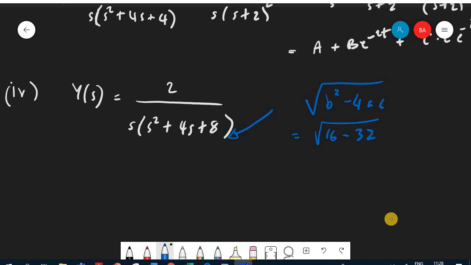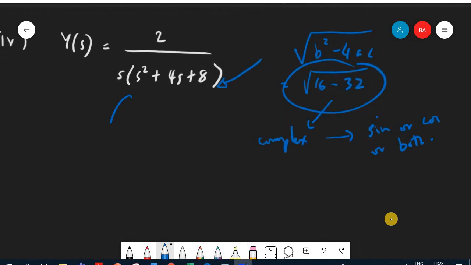So you will have a negative term here. So definitely you will have complex roots, and since you will have complex roots, you will have a sine or cosine or both. And you need to fix this to appear as something that looks like a sine and a cosine.